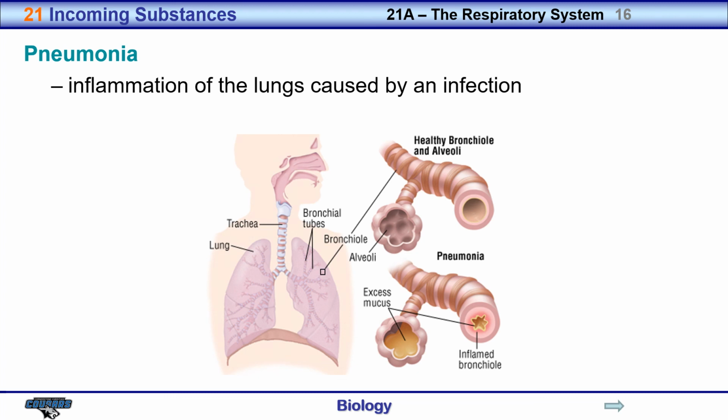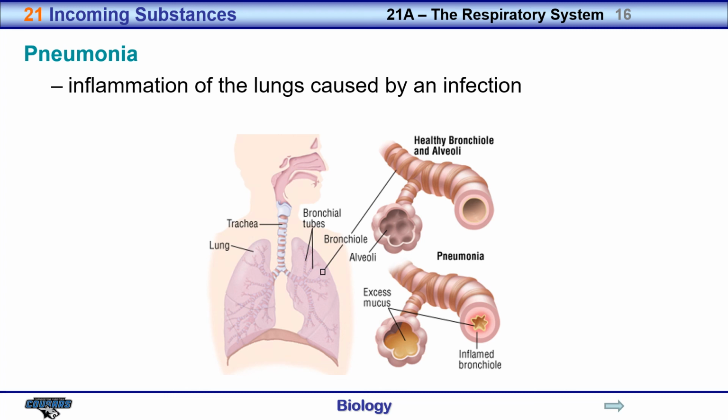And if that's not stopped, or if the body doesn't get a handle on the infection, you could see it could ultimately lead to asphyxiation, and the person could die from that.